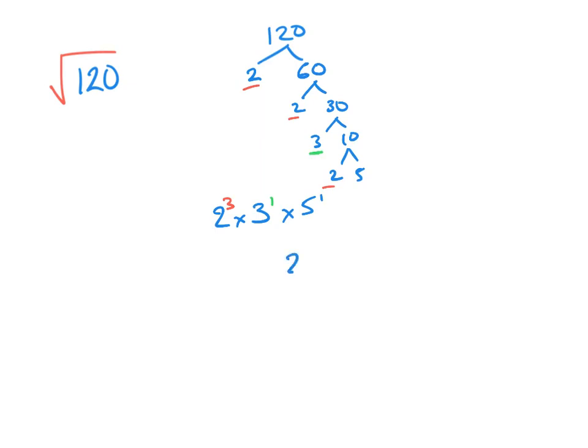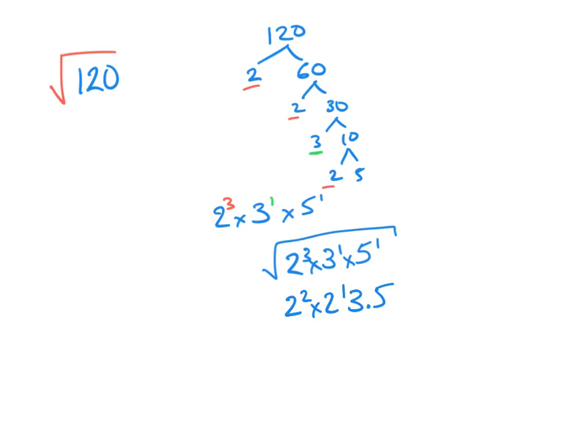So what I need to do is pop that prime factorization output into my surd sign to square root. Okay, and let's see how much of that we can tidy up. So 2 cubed is 2 squared times 2 to the 1. 3 to the 1 I can't square, and 5 to the 1 I also cannot square.